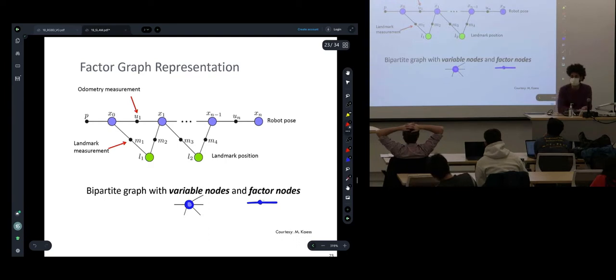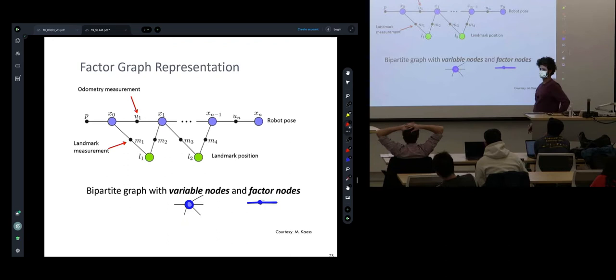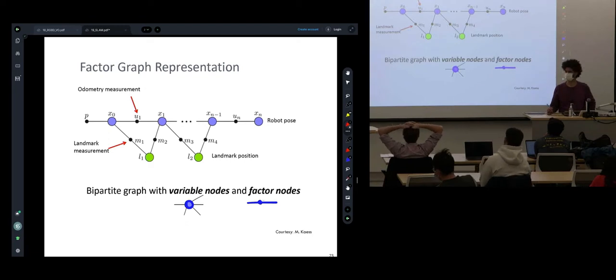Now, is there any limitation on what type of factors I can add to this problem? No?